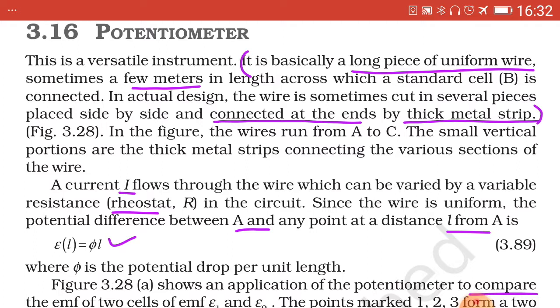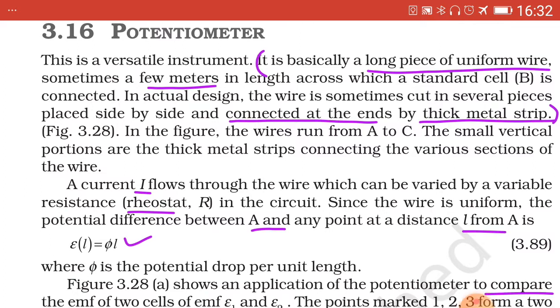This instrument consists of a long piece of uniform wire, sometimes a few meters in length, across which a standard cell is connected, and the wire is connected at the ends by thick metallic strips, which we refer to in figure 3.28.